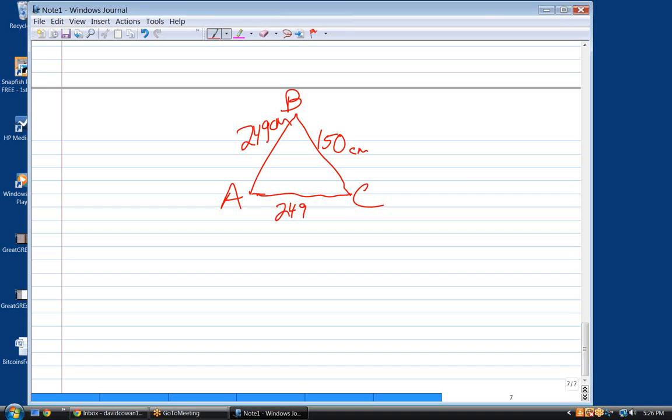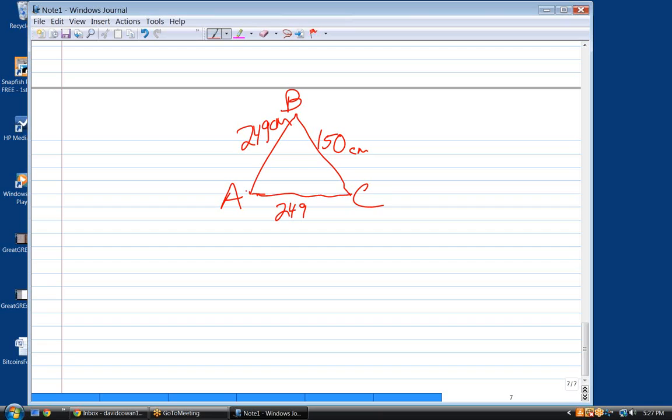Have you had the law of sines and the law of cosines, John? I'm not sure. I don't think so. Probably you don't need it on this because it's isosceles.